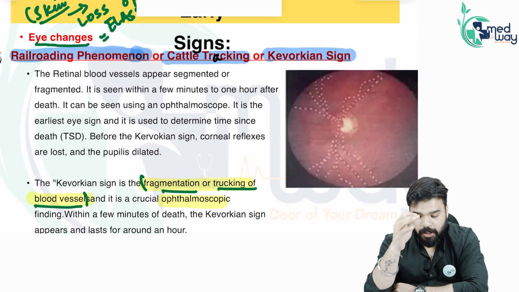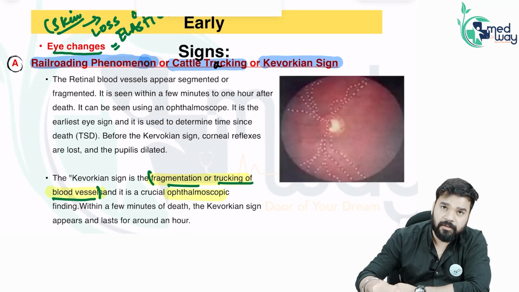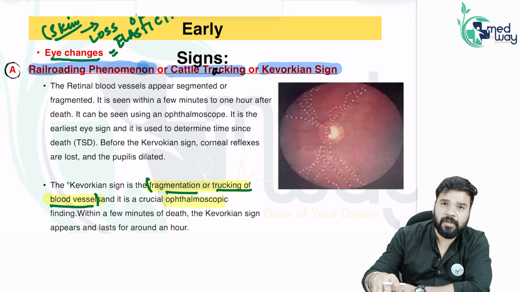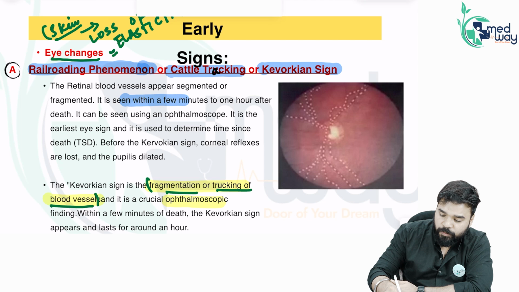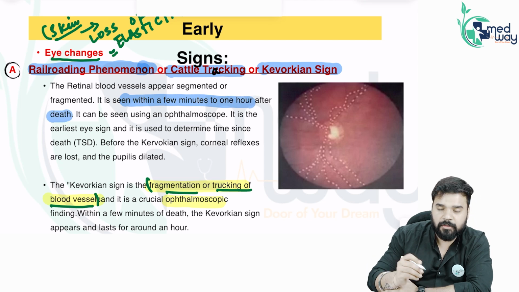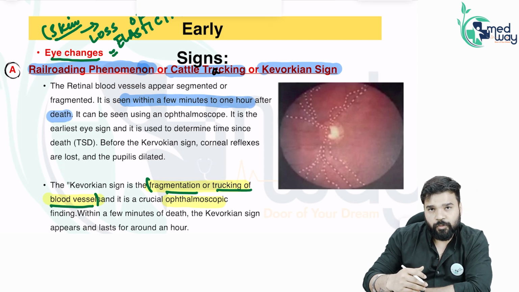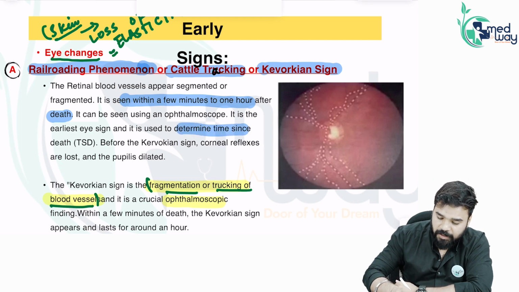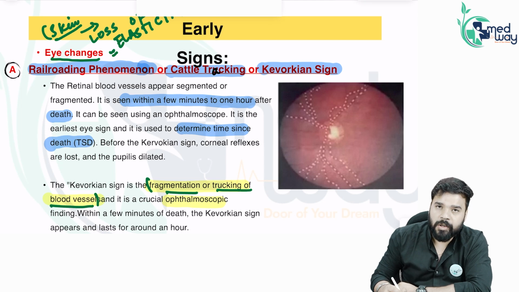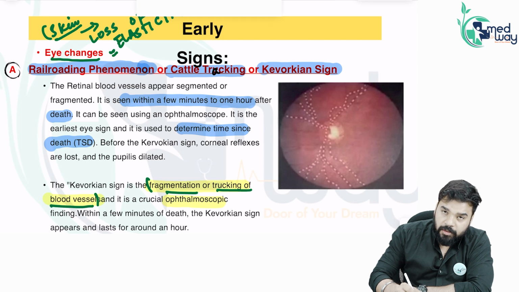What happens here is there will be fragmentation and segmentation of retinal blood vessels, and it will be seen within a few minutes to 1 hour after death. So it can be used to determine time since death. This will be the earliest eye sign.